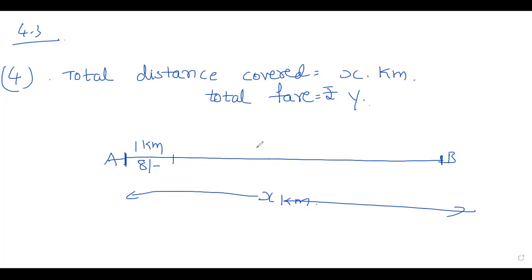Remaining distance, how will you write the remaining distance? Total is x, and here we have already taken 1 kilometer. So remaining distance is, how can you write? That is x minus 1, right?